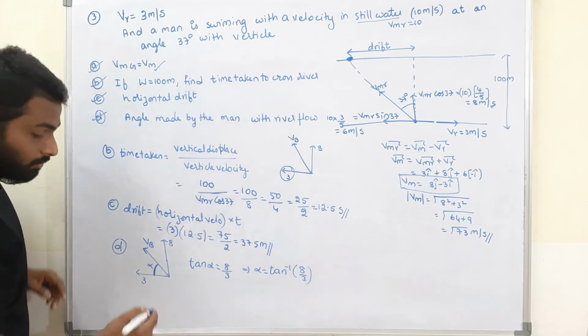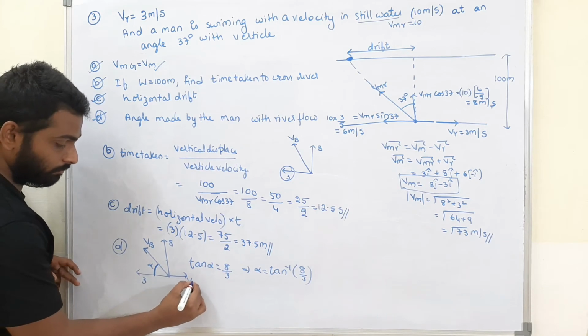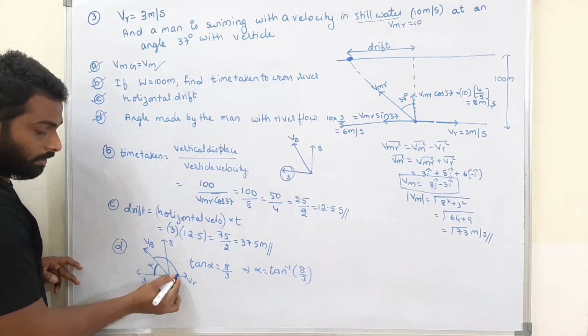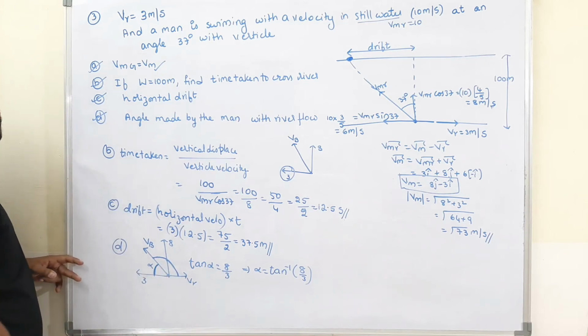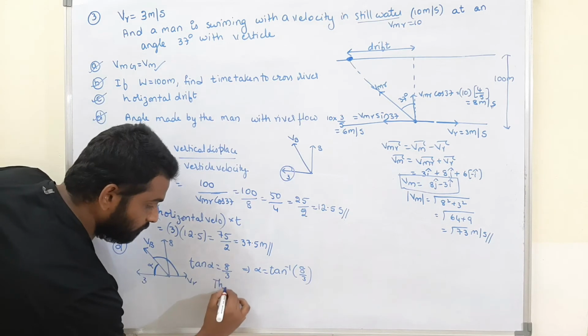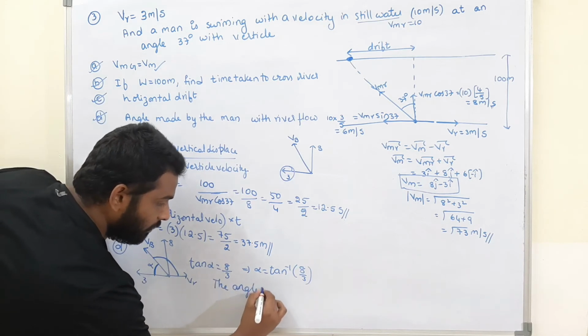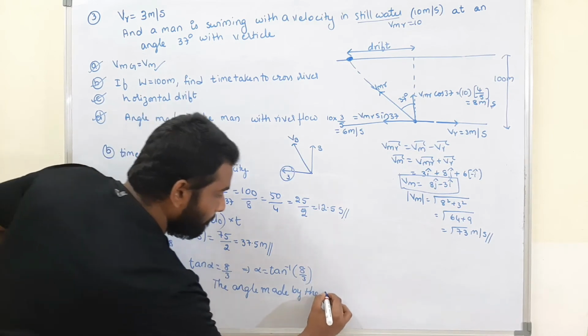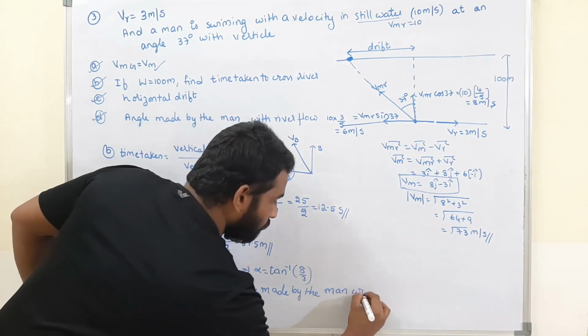But what is the river flow? The river flow is in this direction. No, we don't have to find it with the river flow, that means this is the angle. The angle made by the man with the river flow, how much? This is in the opposite direction to the river flow.